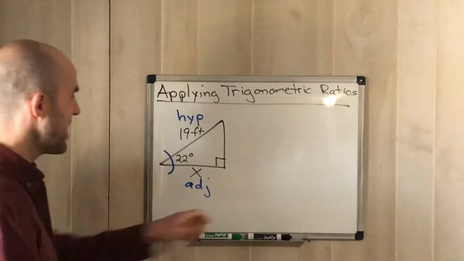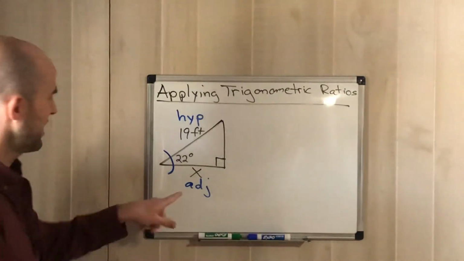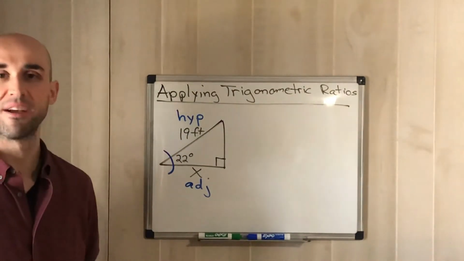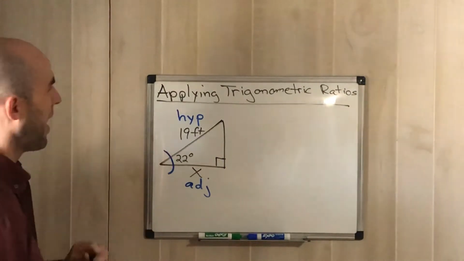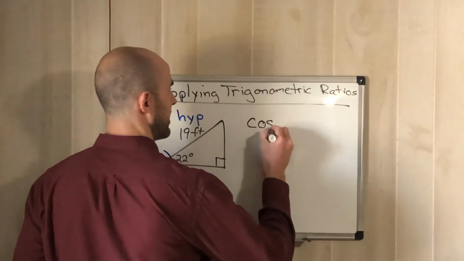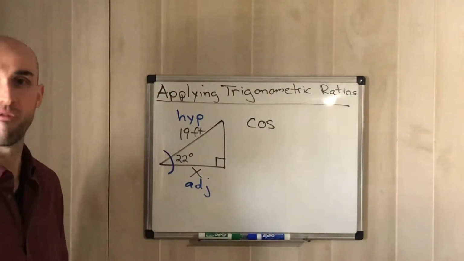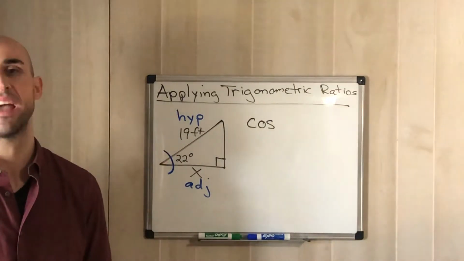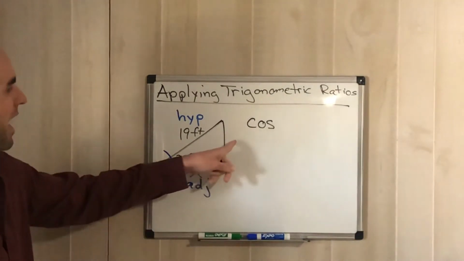So looking at what we have, adjacent and hypotenuse, the only trig ratio that uses adjacent and hypotenuse is going to be cosine. And it has to be cosine because the formula for cosine is adjacent over hypotenuse. We can't use sine, we can't use tangent because there's no opposite, right?